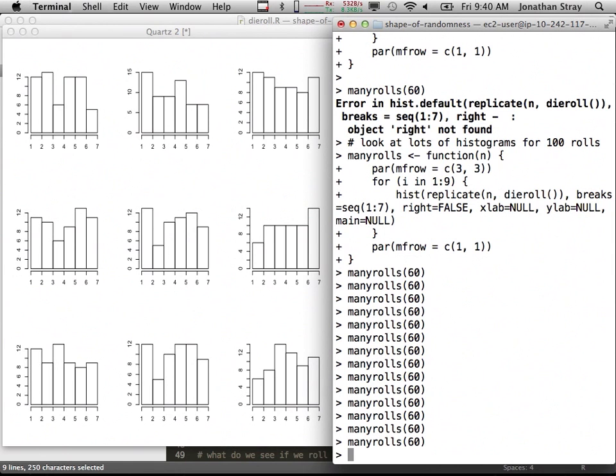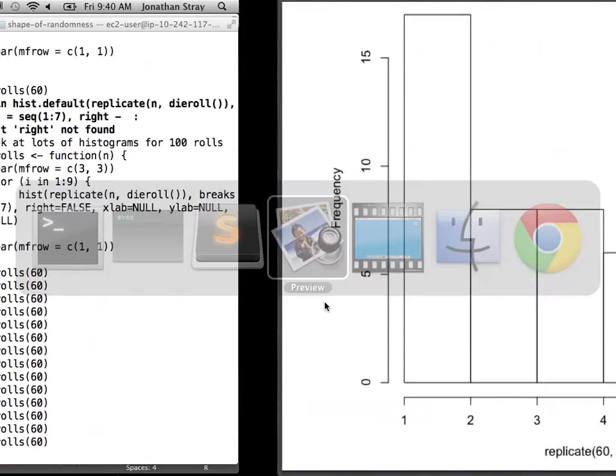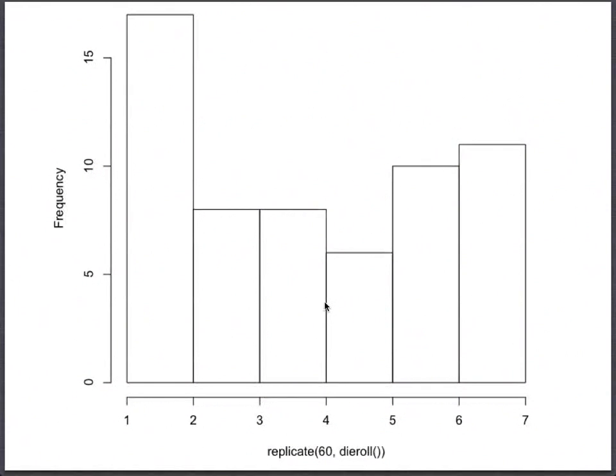So that means if you walk into a casino and they let you roll that die 60 times, and you get something that looks like this, and you're like, well, this die's loaded. I got a story here about a gambling scam. What's the chance that it's actually just random?